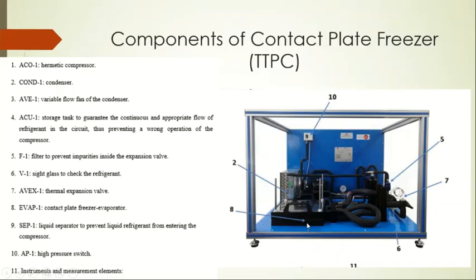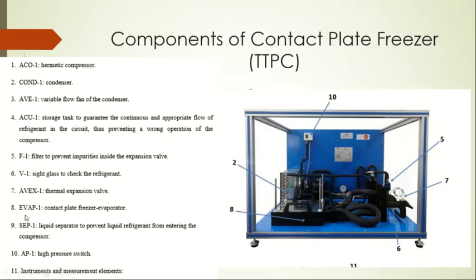After 7, 8 is actually the contact plate freezer evaporator. So here between both these plates you are supposed to place your material, which is required to be cooled down to a lower temperature. So the refrigeration cycle cools that product, and in response the refrigerant evaporates at this part.